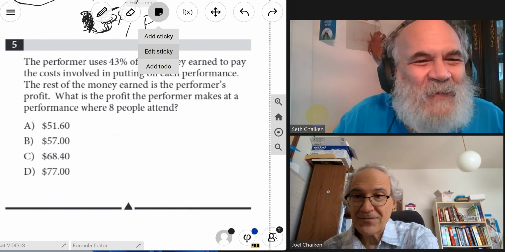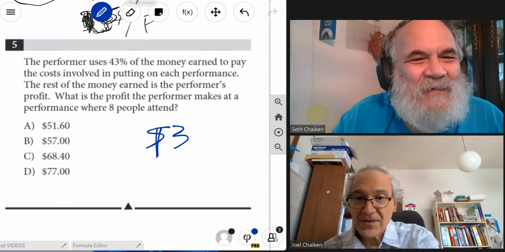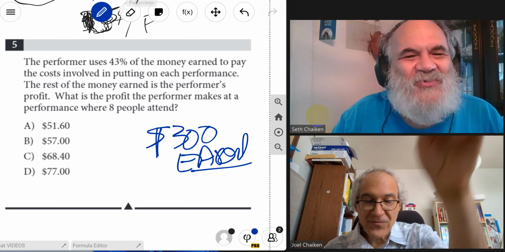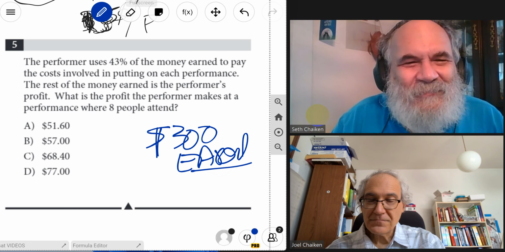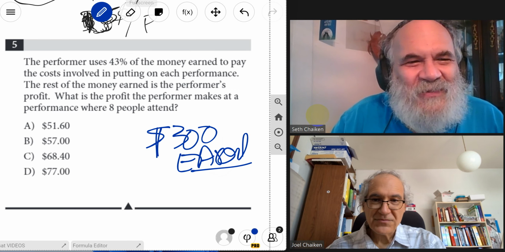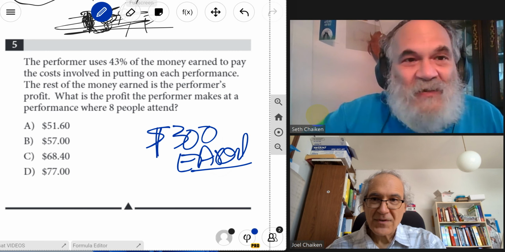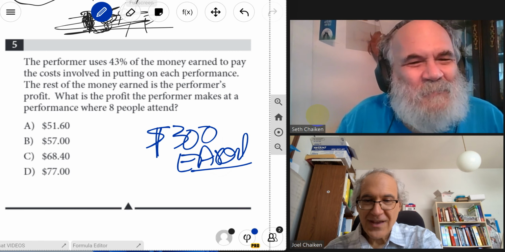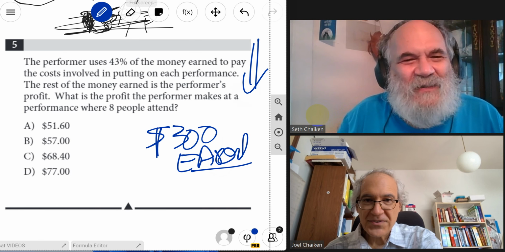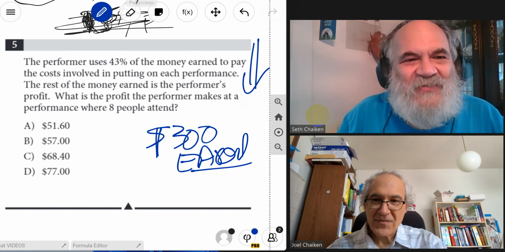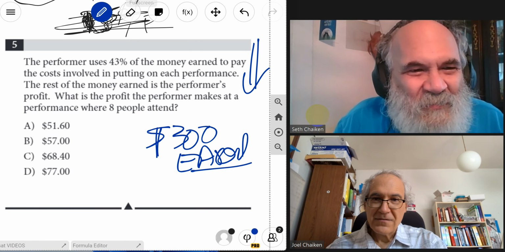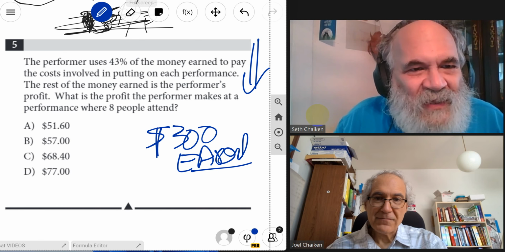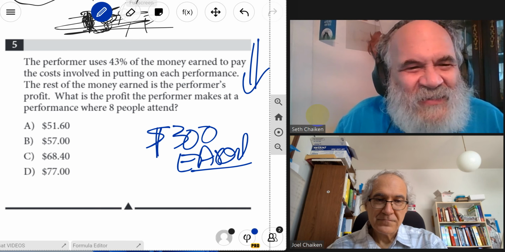Well, first we know this $300. You didn't even have to compute the rate. They told you $300. It was unhelpful to actually compute the rate. You earned $300. The performance was attended by 8 people.